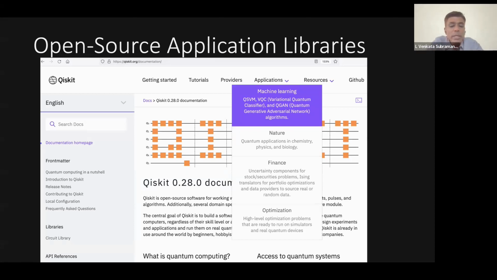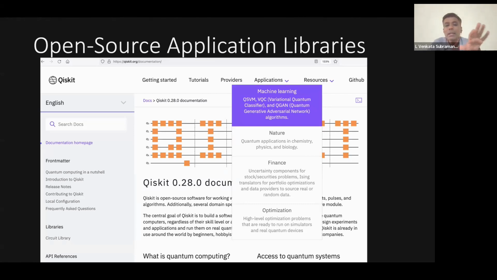Most students and industry people already know Python. So in terms of programming, you'll not find it hard at all. You can very easily start with the textbooks and start building these quantum circuits.